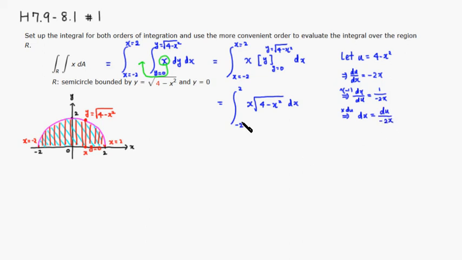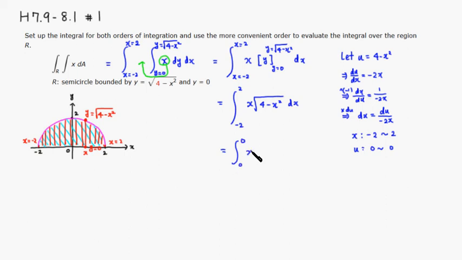Then we have to change the lower and upper limits. x originally goes from negative 2 to positive 2, but u is going to be, plugging in negative 2, 4 minus negative 2 squared, which is 4 minus 4, so 0. And 4 minus 2 squared would also be 0. So you can see that this is going from 0 to 0.